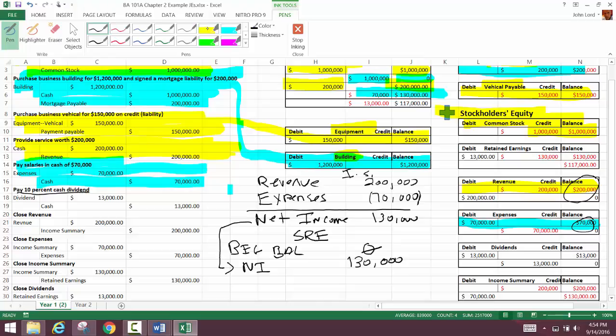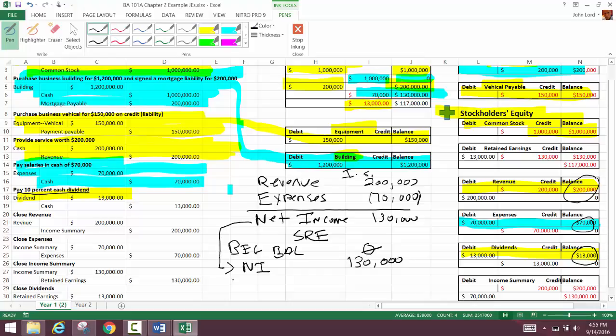So since I'm paying a 10% dividend, I'm going to debit dividends 13,000. And of course I'm going to pay them out in cash, so I'm going to credit my cash for 13,000 for that dividend that I just paid them, right? So now I can say, okay, I didn't retain all of my earnings. I distributed 13,000 of it in the form of a dividend, right?